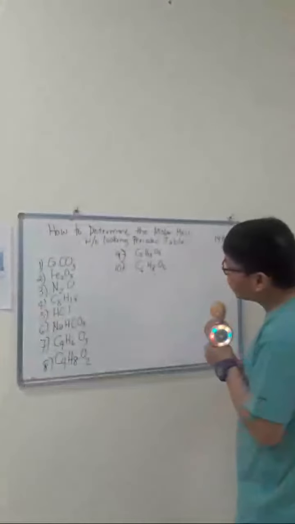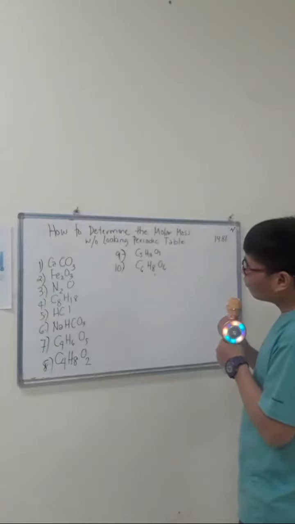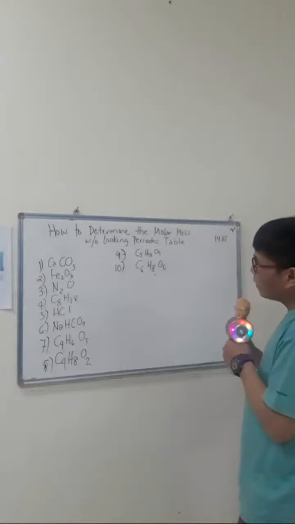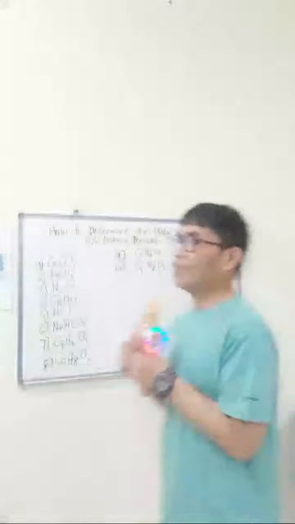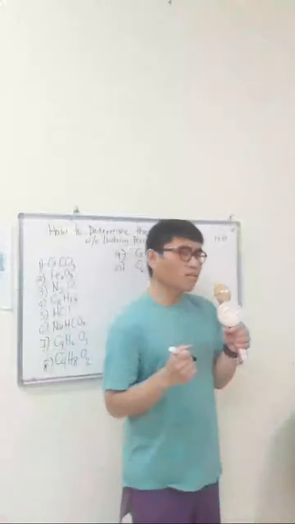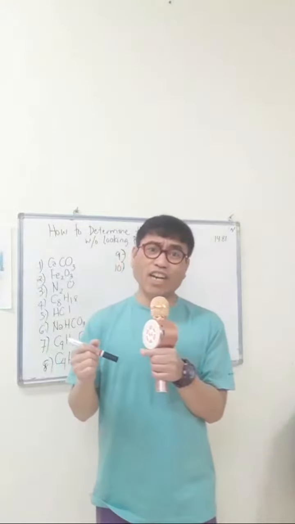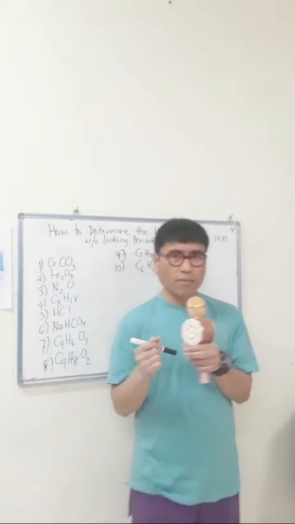Okay, so now we will start to determine the molar mass of each compound from 1 to 10. We need to be clever enough to determine the atomic mass and atomic weight of common elements listed in the periodic table.